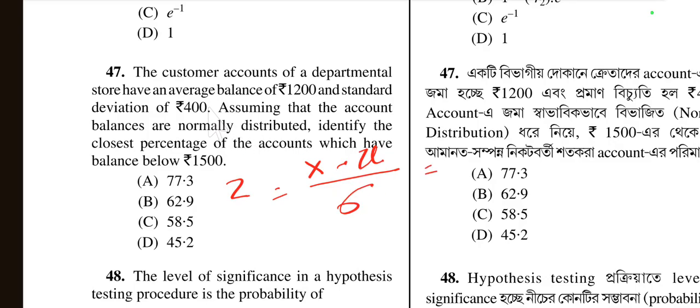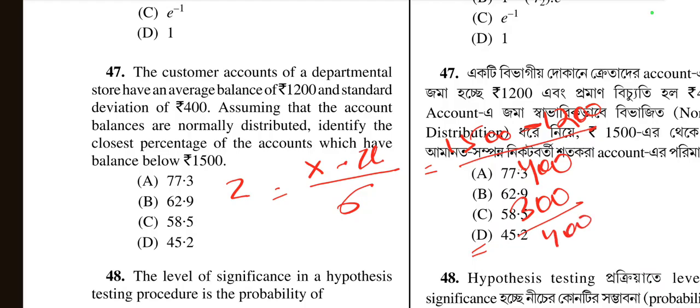If we put the values here, it will be 1500 minus 1200 by 400. 15 minus 12 is equal to 3, means 300 by 400. 3 by 4 is equal to 0.75. So here the z-score is 0.75.